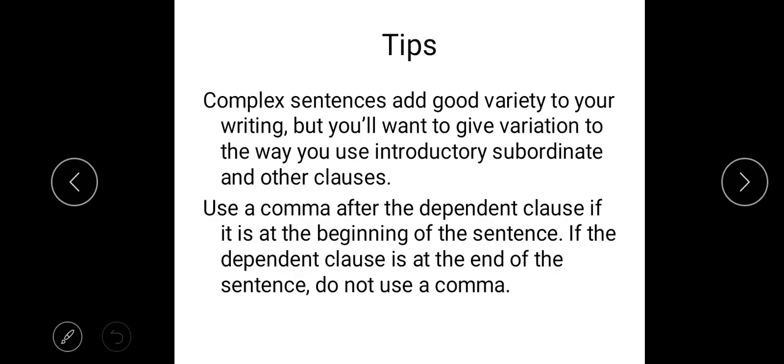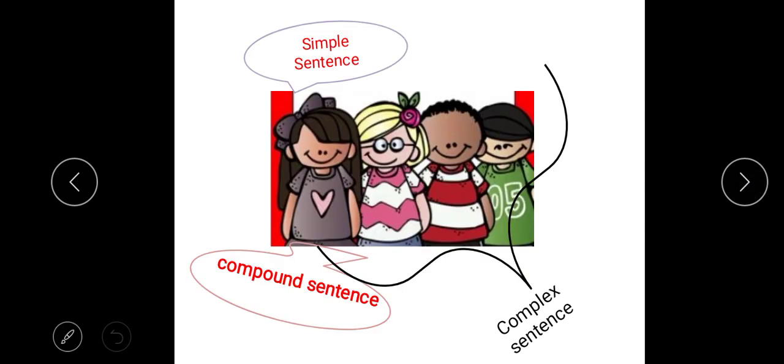The only thing to be noted is that when you use it at the beginning, you have to use a comma after that. If it comes in the second part of the sentence, then it's not necessary to use a comma. So that's about complex sentences. Thank you.